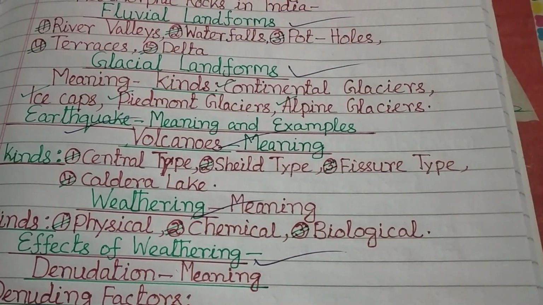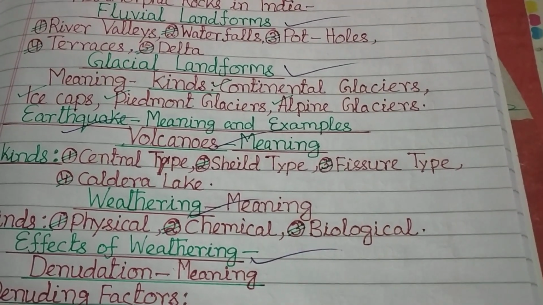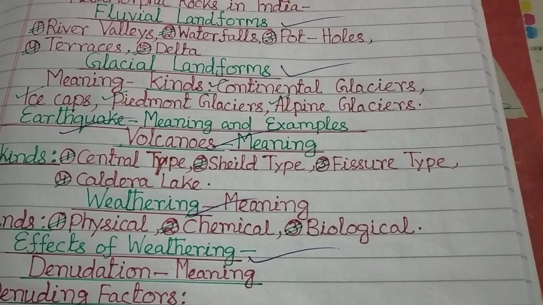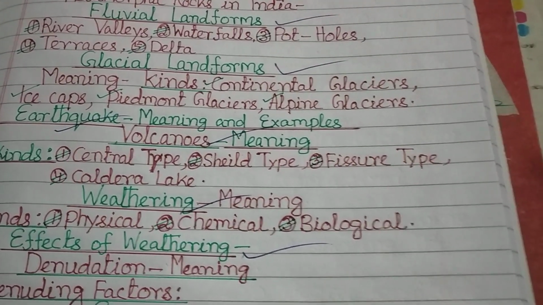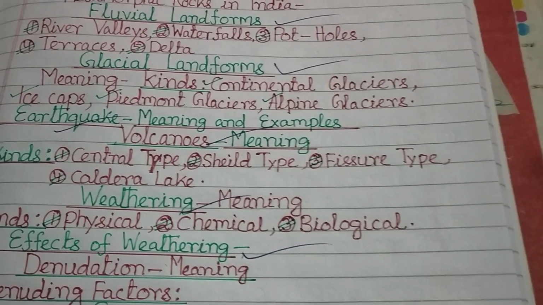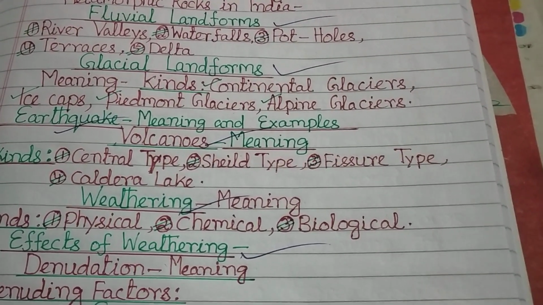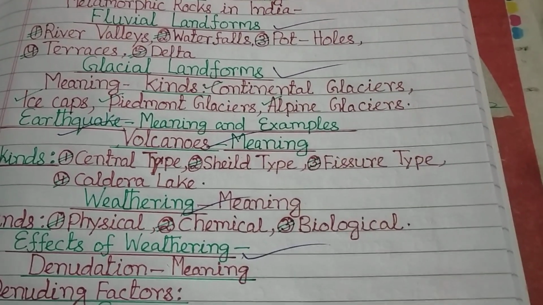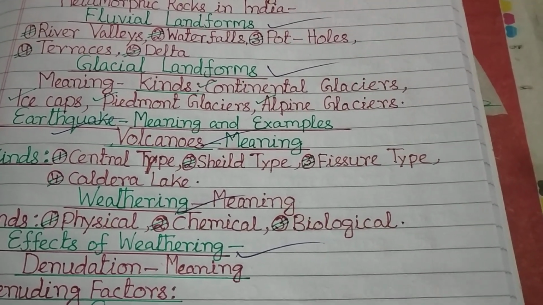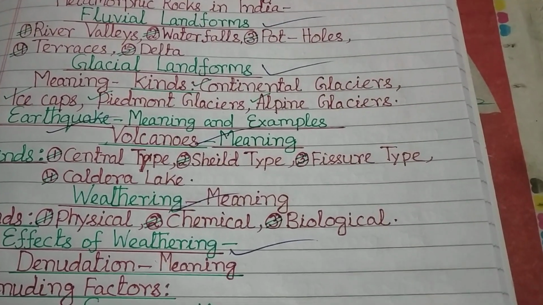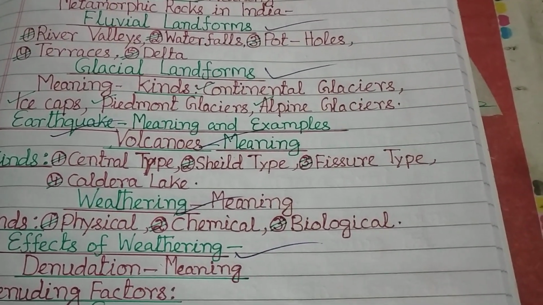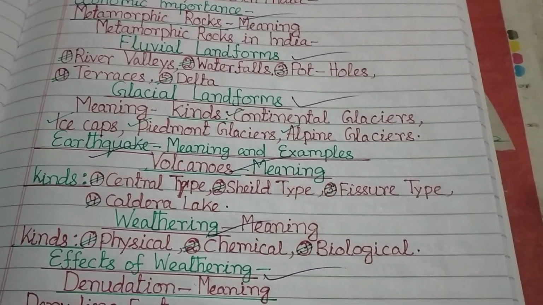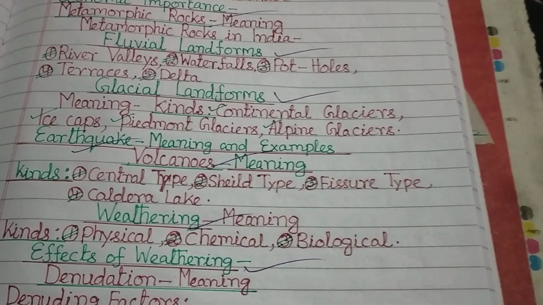Hence, rocks formed under the action of high pressure, high temperature, chemical reactions, or by regrouping of the components of eroded rocks are called the metamorphic rocks, and the process which produces metamorphic rocks is called metamorphism.